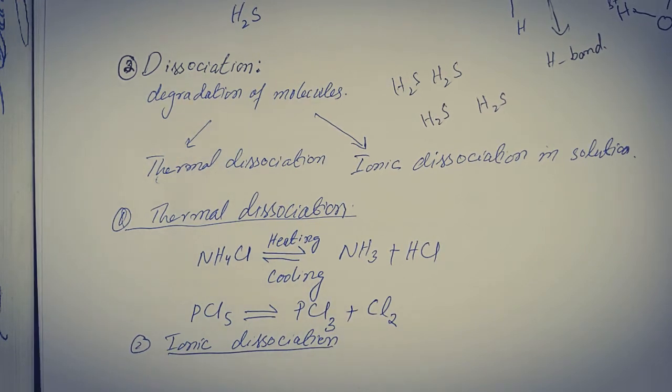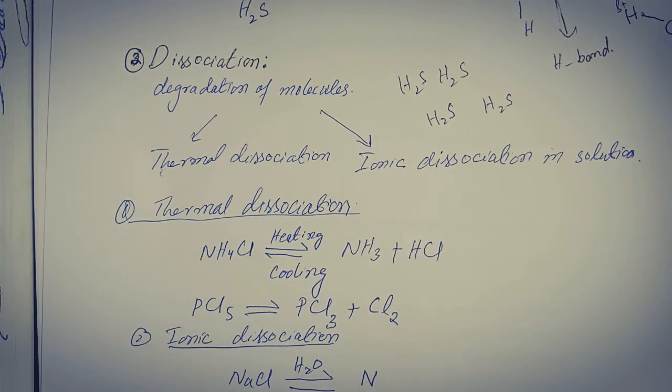In ionic dissociation, the substance breaks into cations and anions. For example, if we have sodium chloride crystal which is dissolved in water, it will be dissociated into sodium and chloride ions.